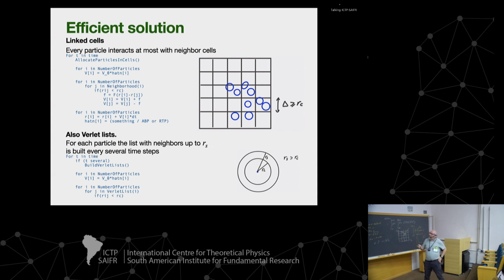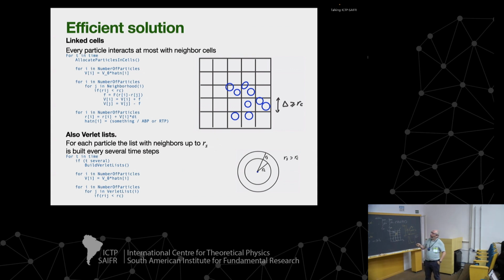So the algorithm is like this. Again, you simulate over time. You allocate the particles in cells. You put all the particles in the cells. This is an order n algorithm. It's very easy. Then you run over all the particles and compute the self-propulsion speed.